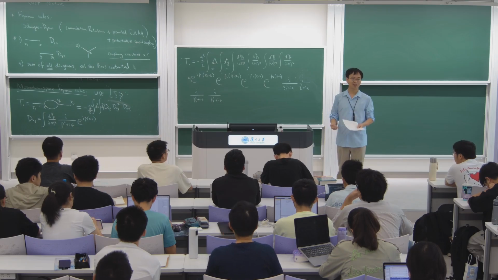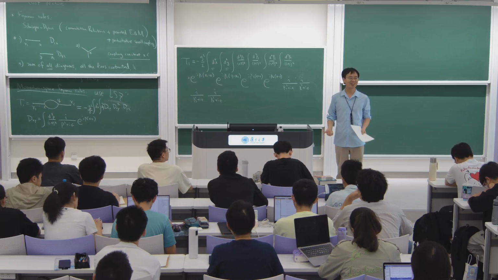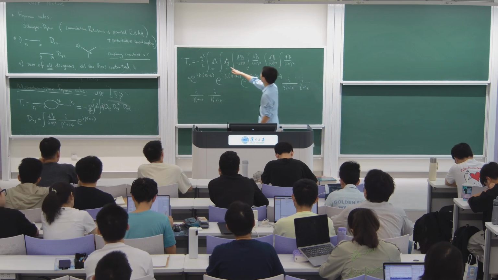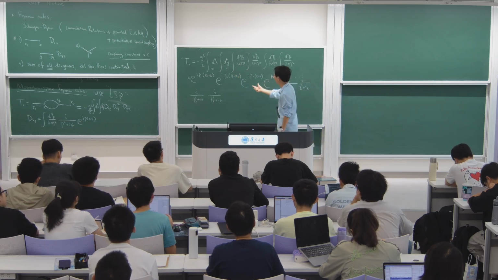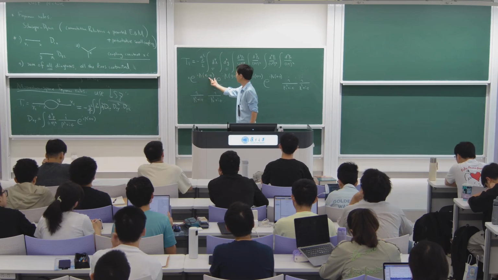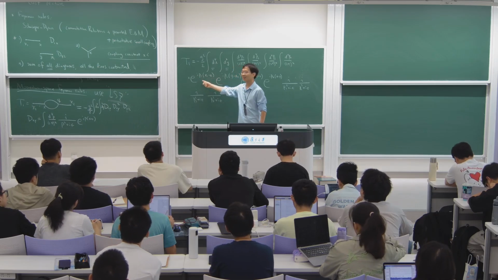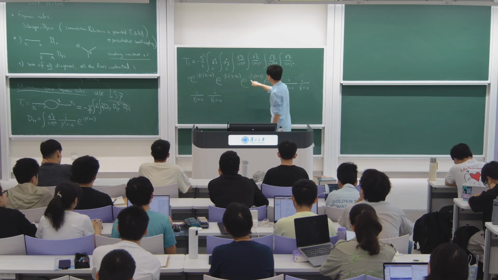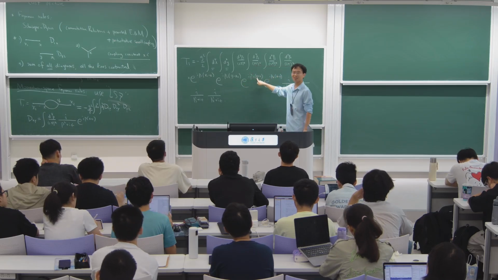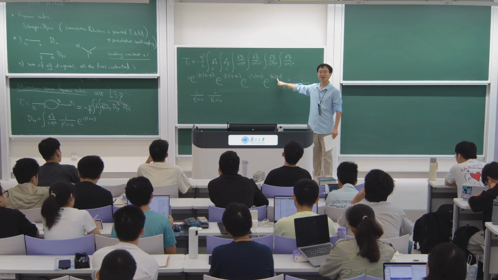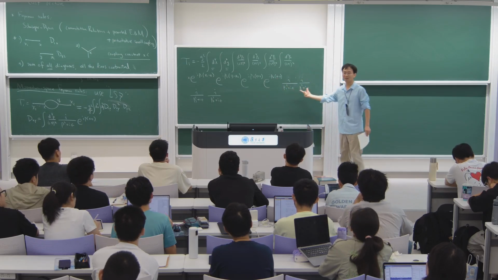That's right, you get delta functions. Because for this x integral, the only part associated with x is the exponential IPx structure. You see, there is the exponential IP1x, there is an IP3x, and here there is an IP4x.